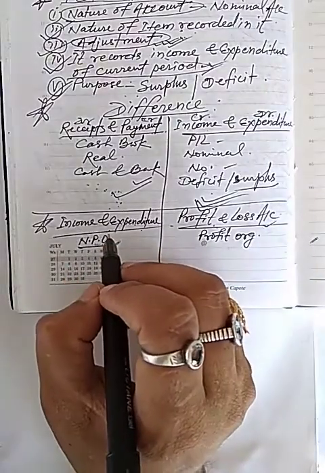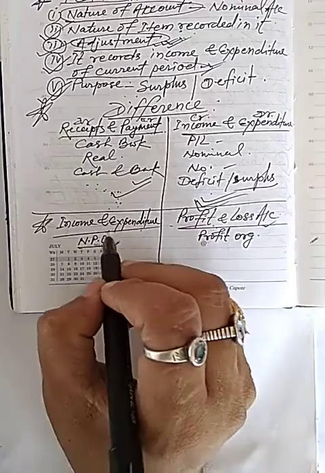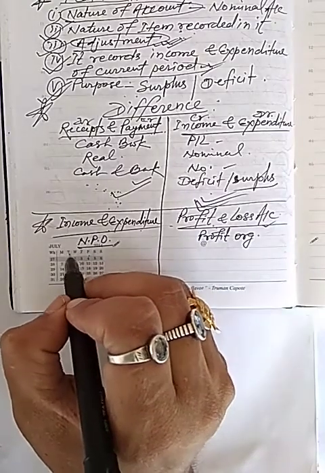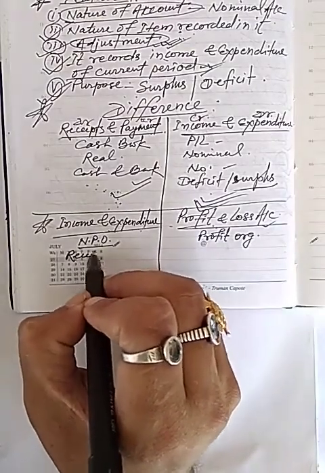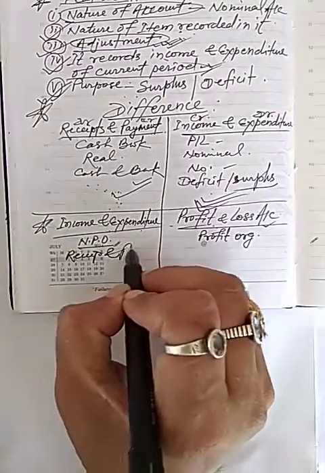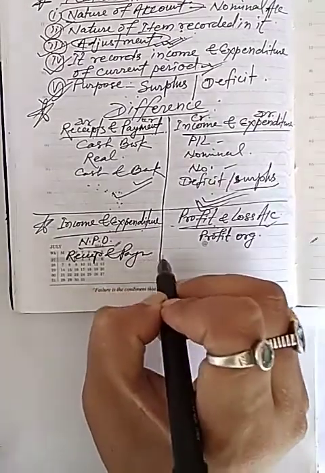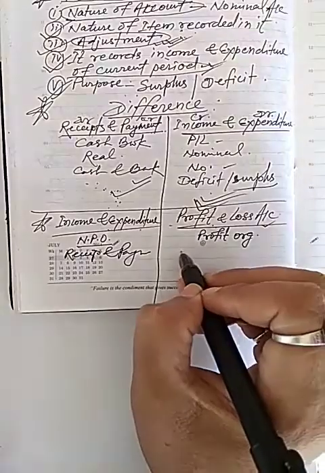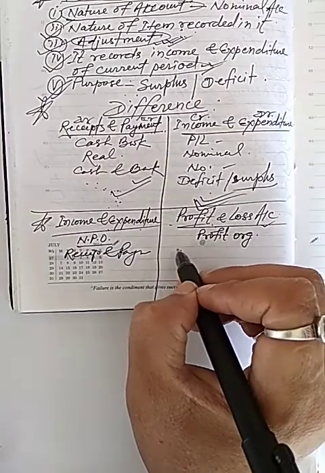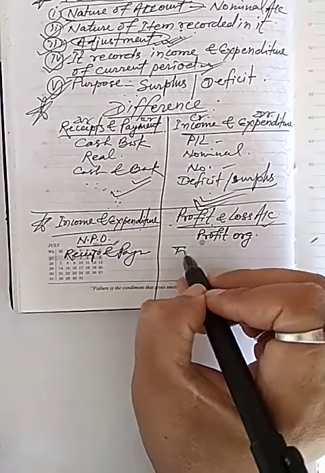Income and expenditure account is prepared mainly on the basis of receipt and payment account. But profit and loss account is prepared from the trial balance.